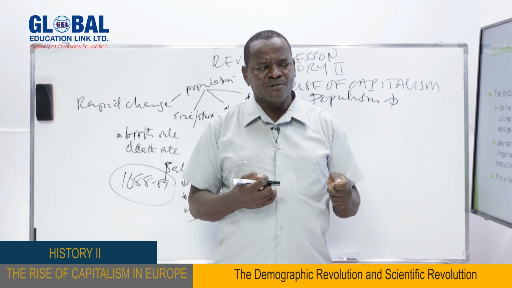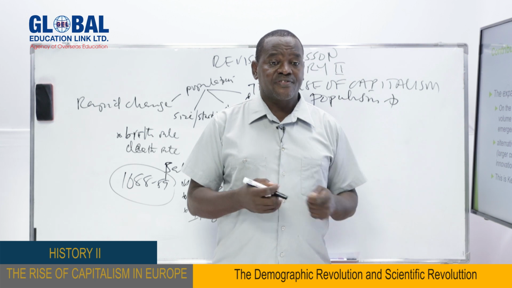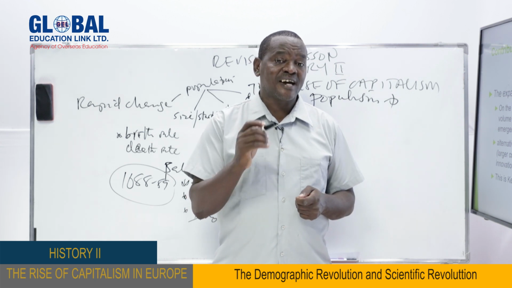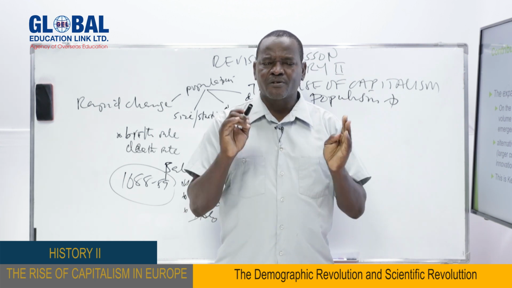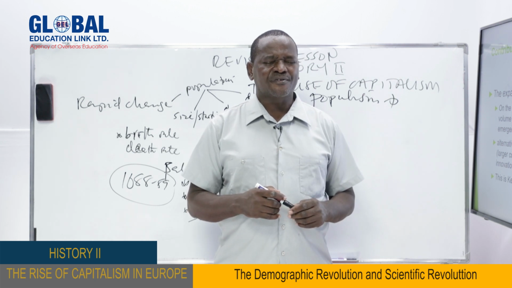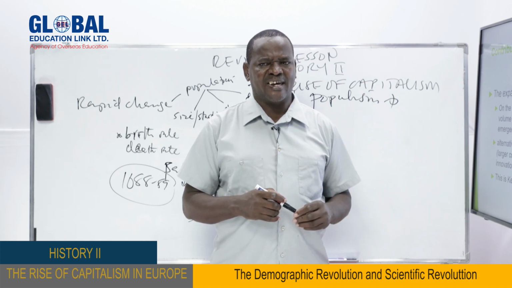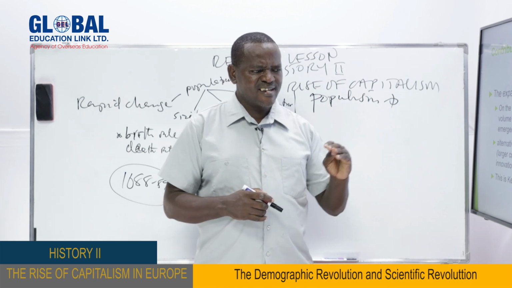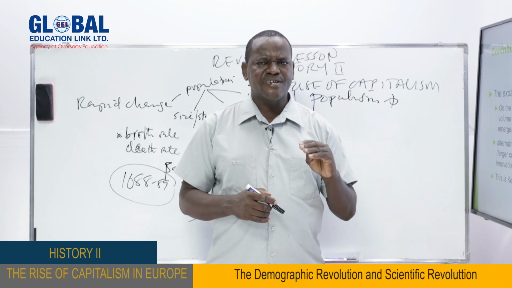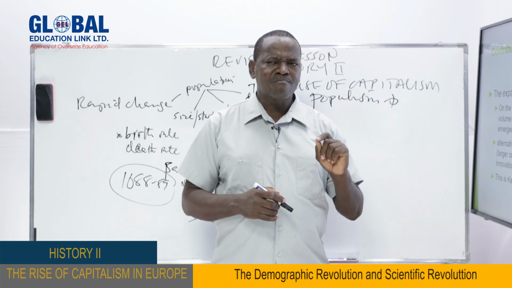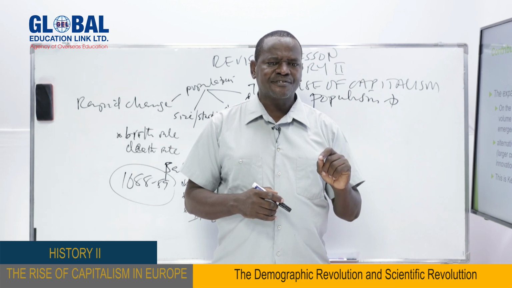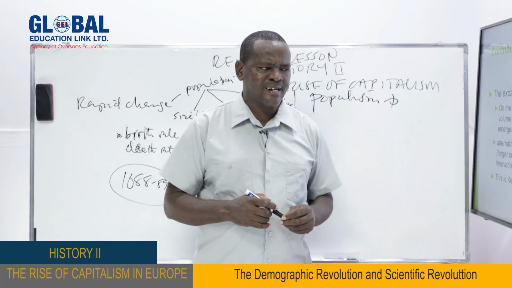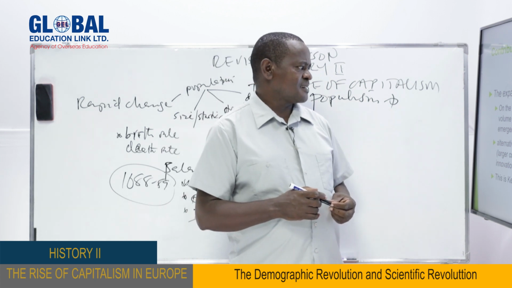If people are producing clothes by hand, they have to invent a new method of producing by using machines, so that they can fulfill the market desire. So my dear students, the more the increase in population, the more people think of using a more sophisticated and advanced way of production to fulfill the market demand.